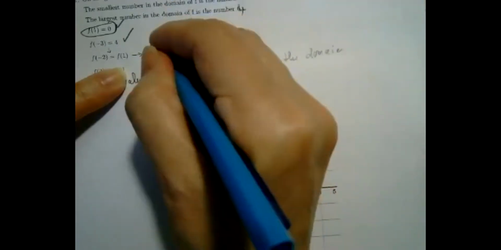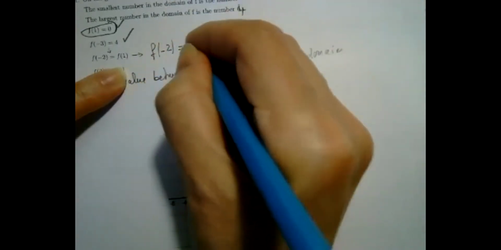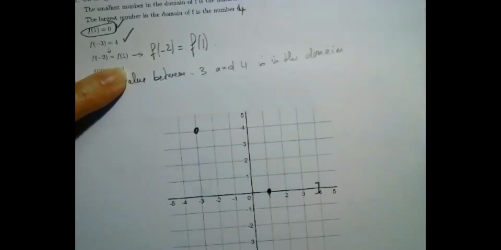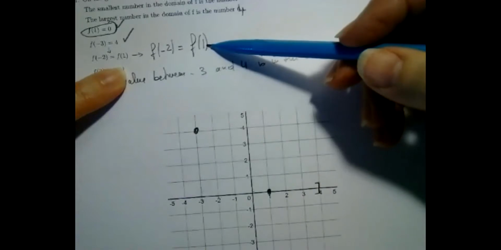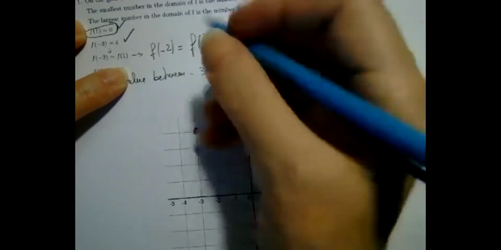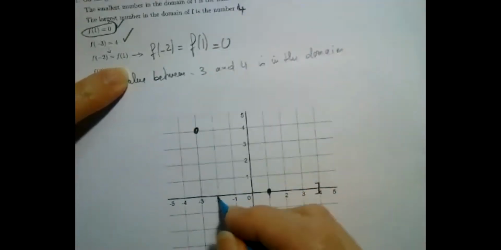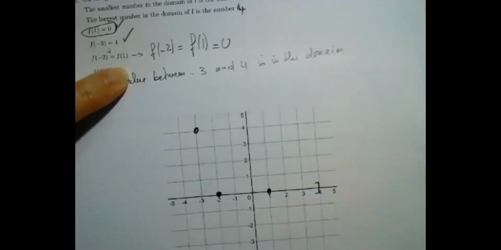So the output at -2 is the same as the output at 1. What is the output at 1? 0. So this should be 0. Okay, right, so I am right here.